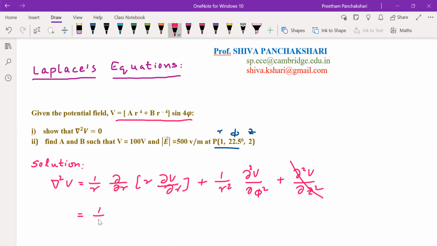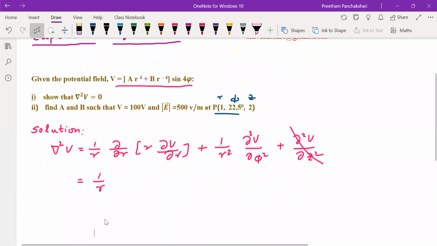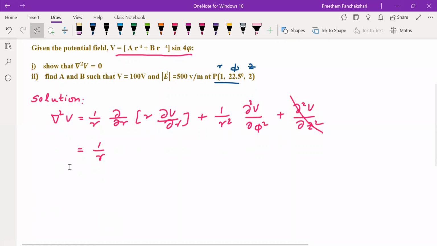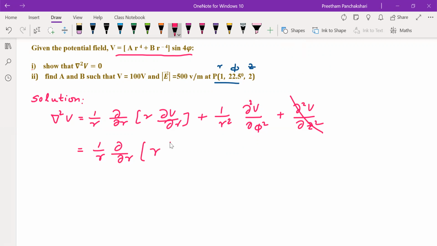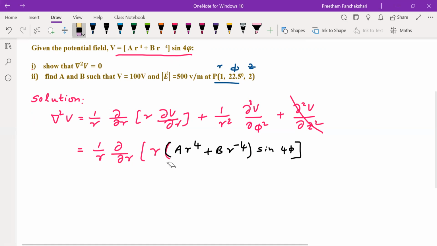So in the next step, we have to substitute the given potential field into the equation of del square V. Here, R into, we shall copy that equation, A into R power 4 plus B into R power minus 4 into sine 4 phi. But here, differentiation is there.